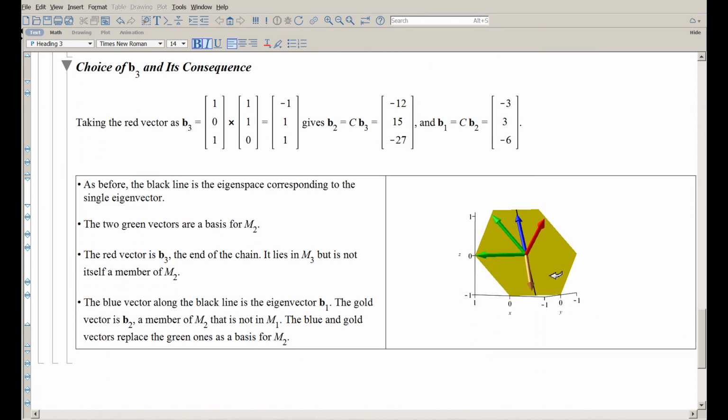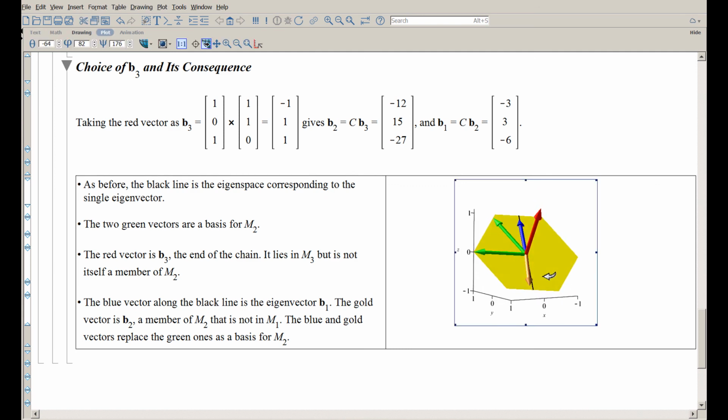And if you draw another picture, you'll see this line is the line along which B1 lies. Now, that vector in blue and this gold vector lie in the plane spanned by these two null vectors. But these we throw out.